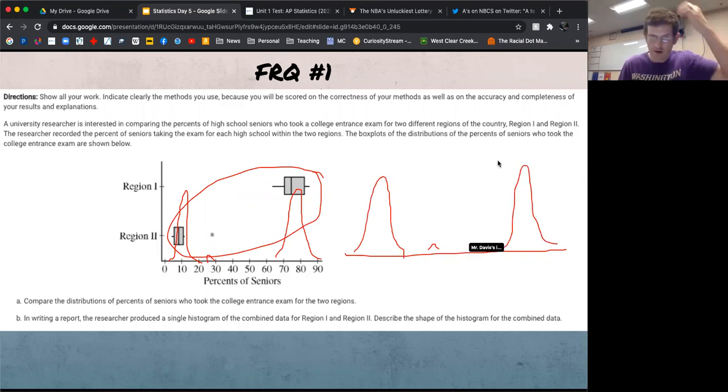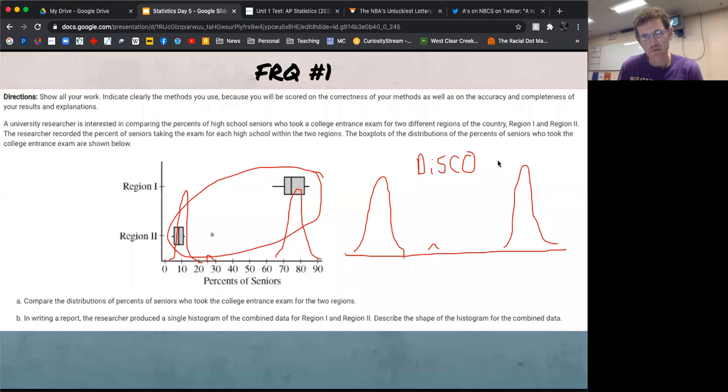So now I just need to describe that. It's bimodal, that's for sure. This is DISCO. I'm not going to write this out. But the distribution of the percent of all seniors who took the college entrance exam for Regions 1 and 2 is bimodal.